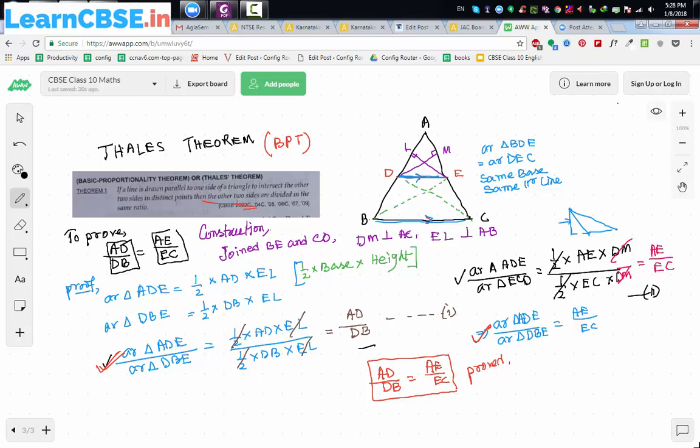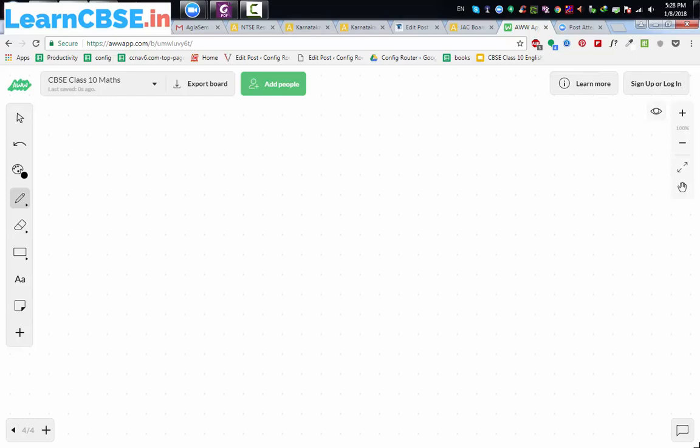So let's try this. Let's say we have a triangle ABC, and we have a line parallel to one of the sides, that is DE. These two are parallel.